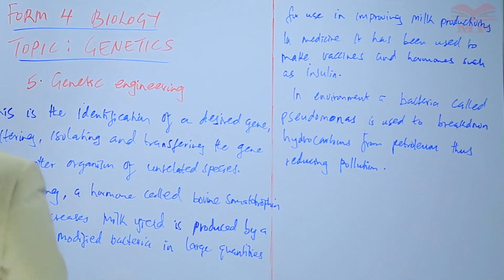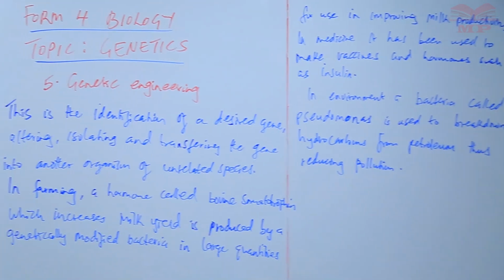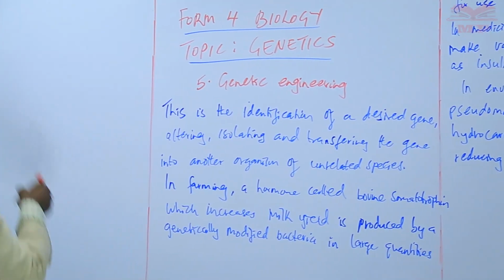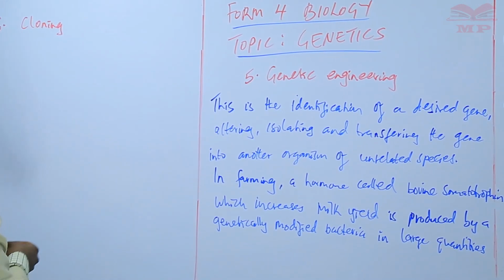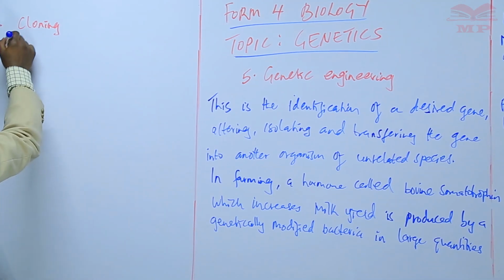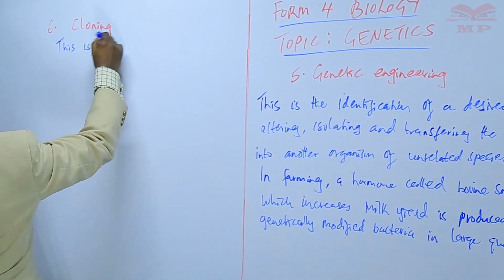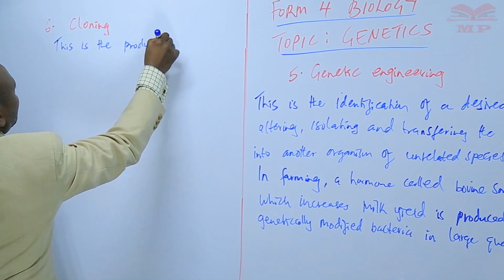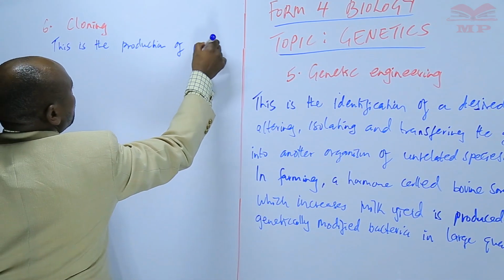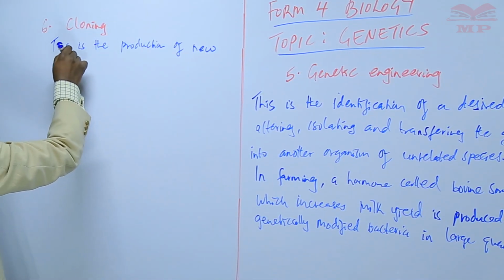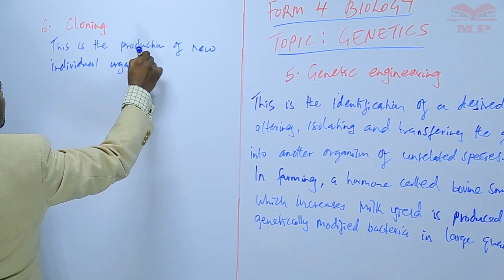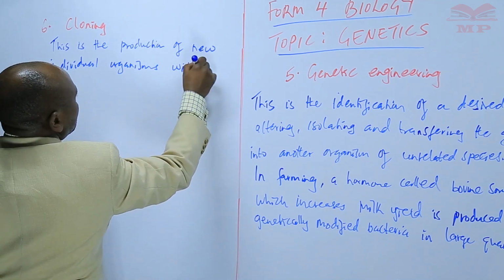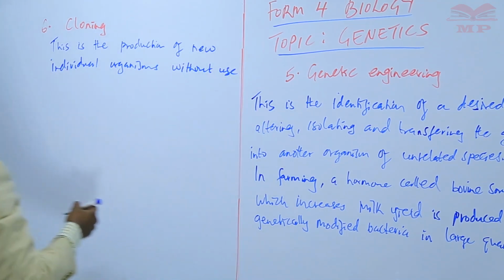The next area of application of genetic engineering is cloning. And this is the production of new individual organisms without use of fertilization.